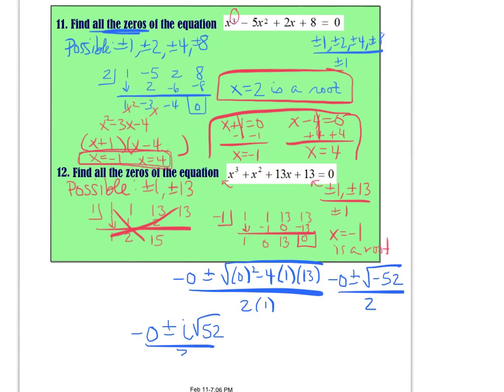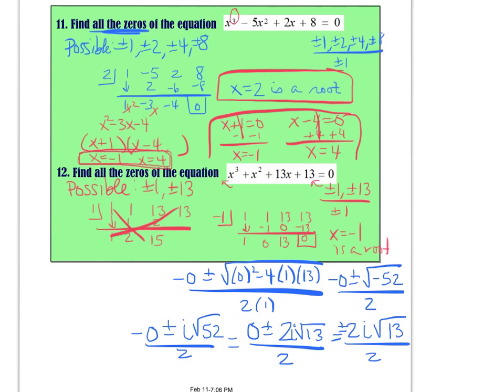And then this square root of 52, I'm going to put in my calculator, and it's going to tell me that I end up with 0 plus or minus 2 radical 13. 2 radical 13 is what that radical 52 will simplify to, which gives me 2i radical 13, plus or minus, don't forget your plus or minus, it's really easy to lose, over 2.